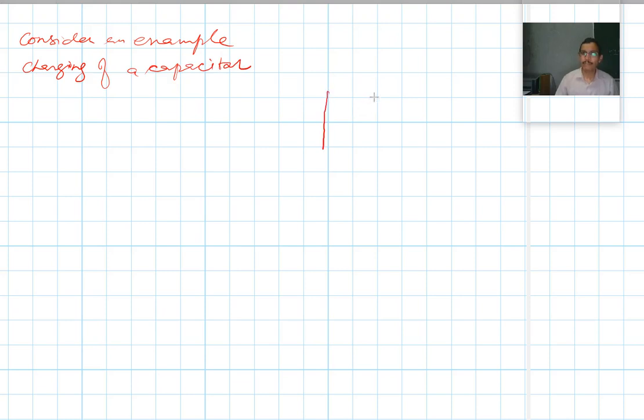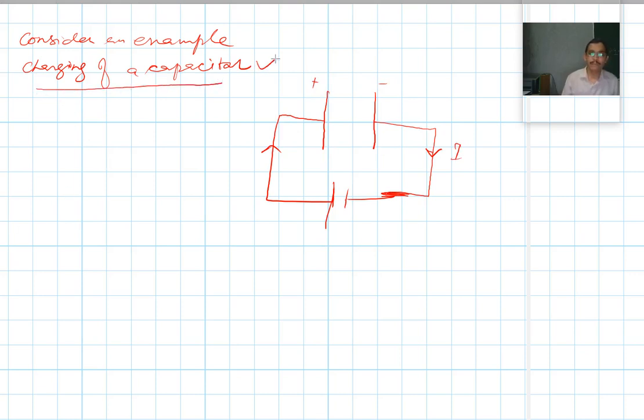I have a capacitor connected to a battery like this, so current is flowing in this way and coming out. This is the direction of current, and this is the capacitor, with a positive plate and a negative plate. This is the example of charging of a capacitor.